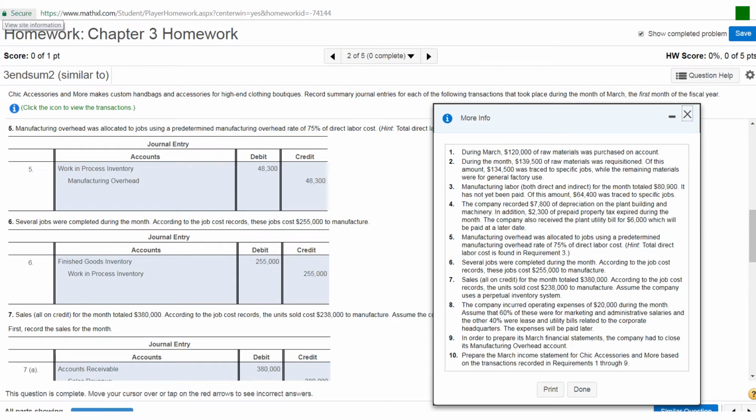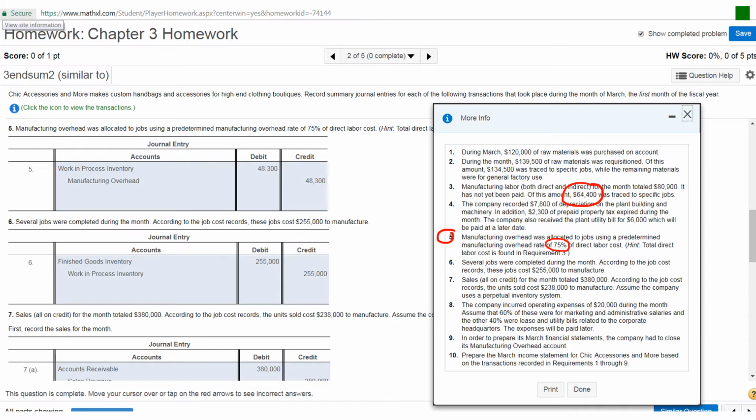Okay, so now we're going to look at transactions number 5 and number 6. Number 5 says manufacturing overhead was allocated to jobs using a predetermined overhead rate of 75% of direct labor cost. Hence, the total direct labor cost is found in requirement number 3. That's going to be that 64,400.